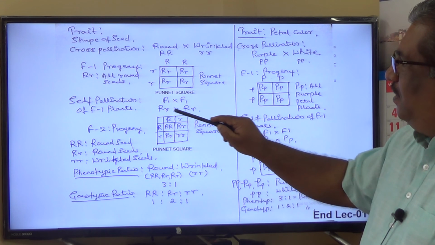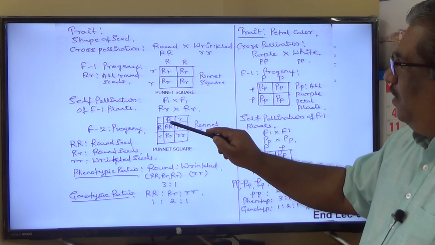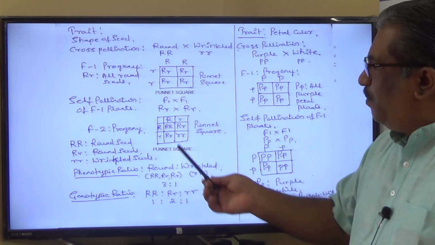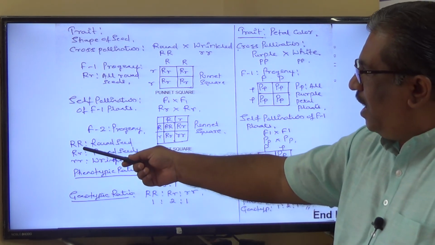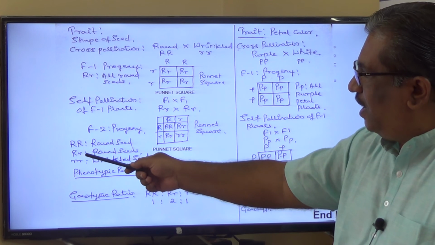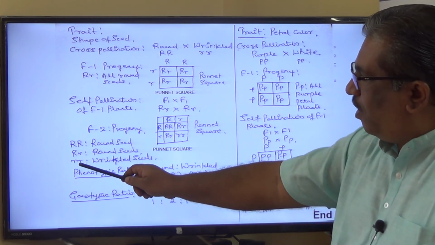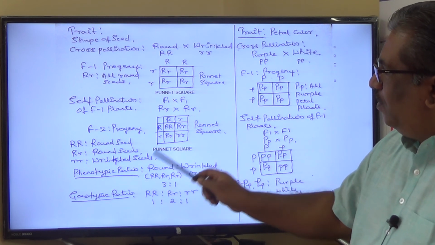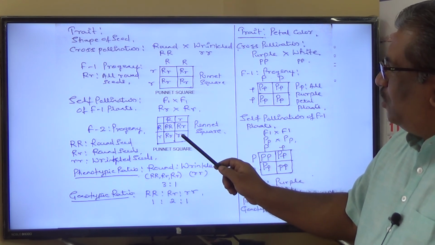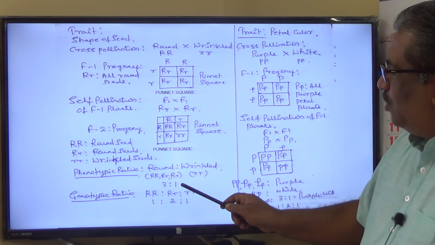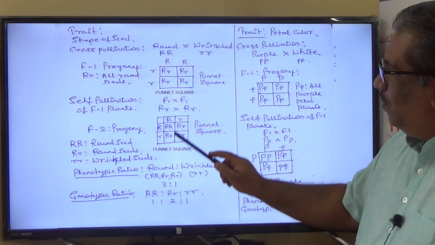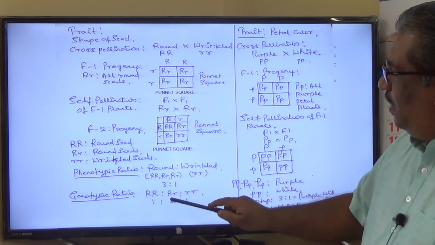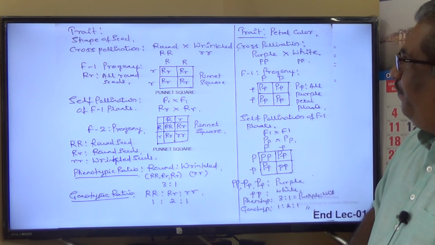These are the alleles and gametes; combine them. The F2 progeny result: RR is a round seed, Rr is also a round seed, and small r r refers to wrinkled seeds. So the phenotypic ratio, round to wrinkled, is 3 is to 1, and the genotypic ratio, this is to this is to this, is 1 is to 2 is to 1.